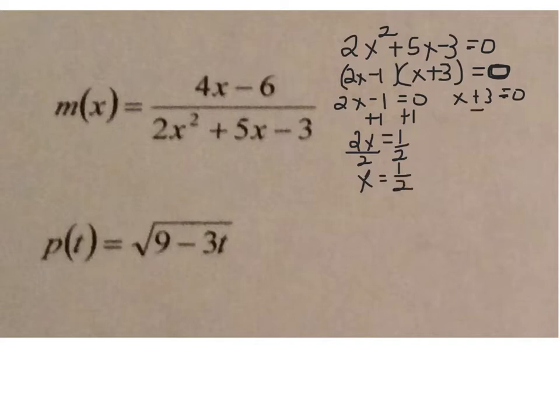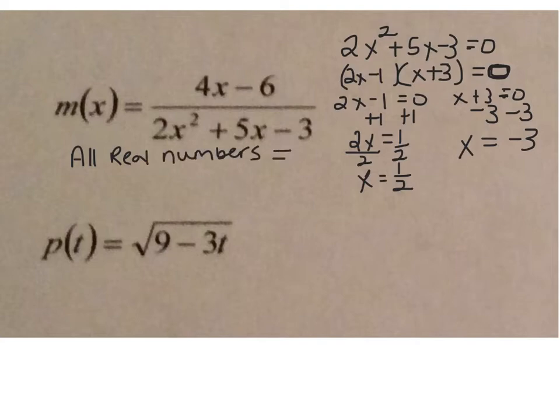And here, if I subtract 3 from both sides, I'm going to have x is equal to -3. So basically, I have to say that the domain in this case is all real numbers not equal to 1/2 or -3. Or in interval notation, remember I have to exclude both of these numbers.